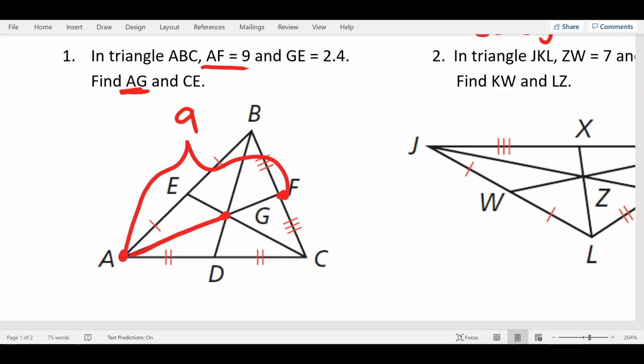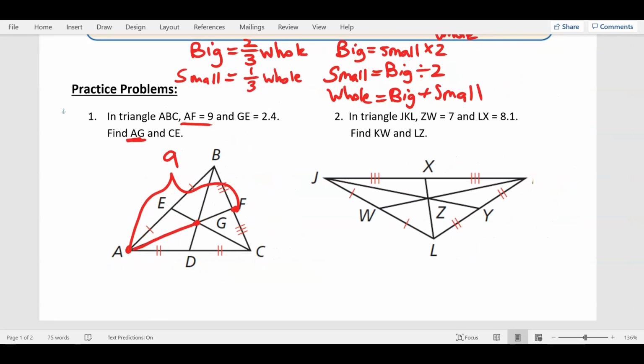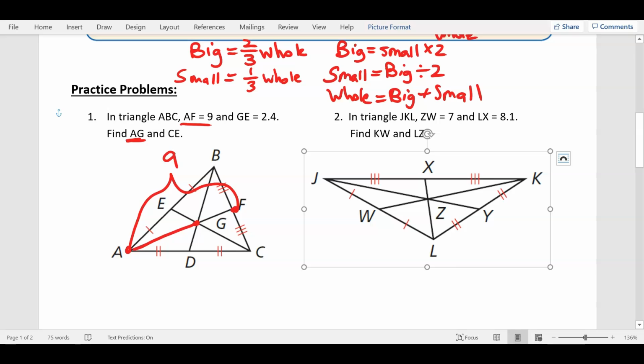So I'm looking for the big, and I have the whole thing is 9. So let's look at our little notes. If I'm looking for the big thing and I know the whole thing is 9, I'm going to use this very first thing I wrote. Big equals 2/3 of the whole. Okay? This part is 2/3 of the whole thing 9. So let's go write this down.